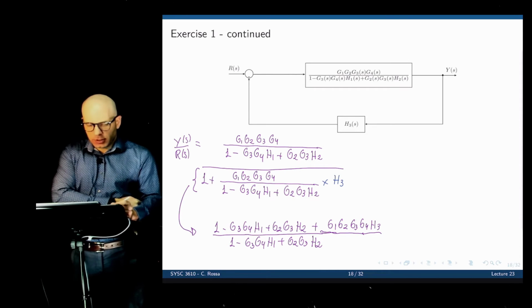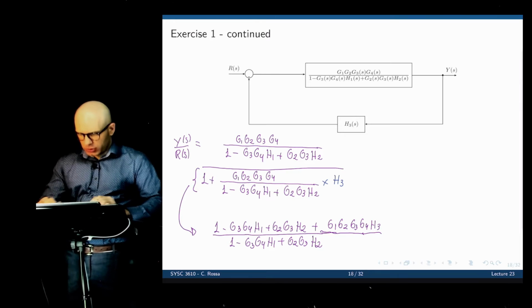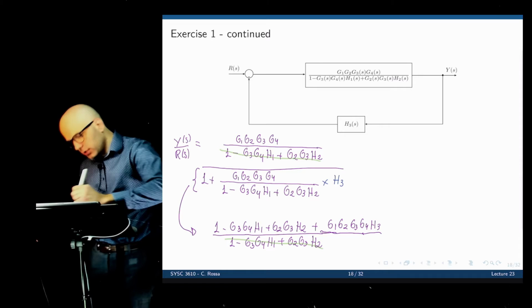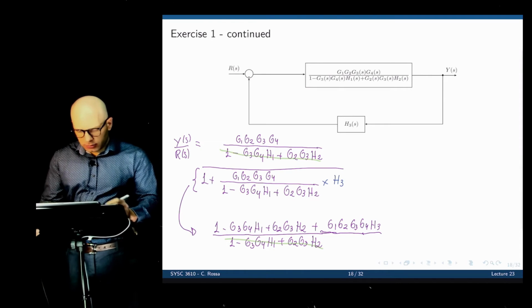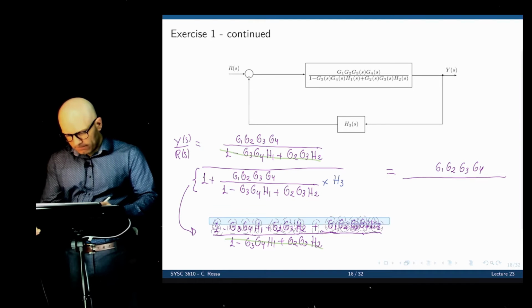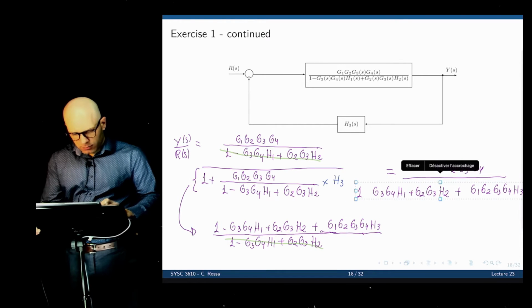It's just the denominator part. Now we can see that the denominator here and the denominator there are the same. They can cancel out. And this will simplify to G1, G2, G3, G4 divided by that whole thing there.